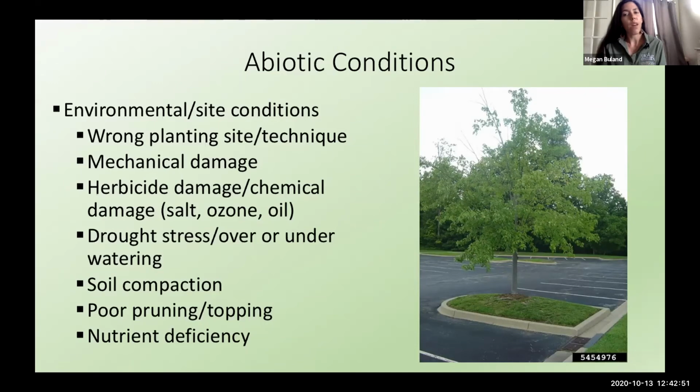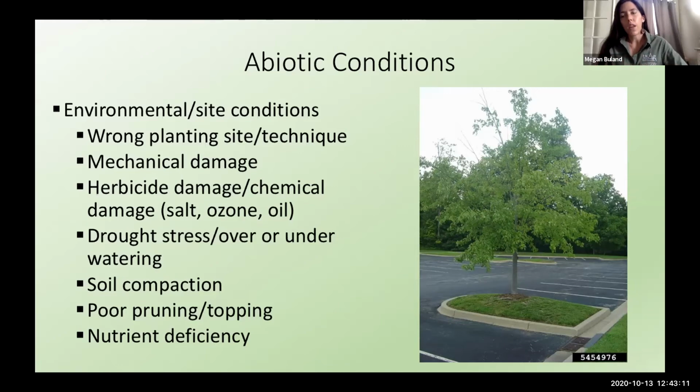And I would say that by far and large, a lot of the issues that you do see in your landscape trees are abiotic conditions that, if left alone for long enough, may lead to other problems. These guys are usually the first signs of stress in your landscape trees and are really something to keep in mind and look out for.